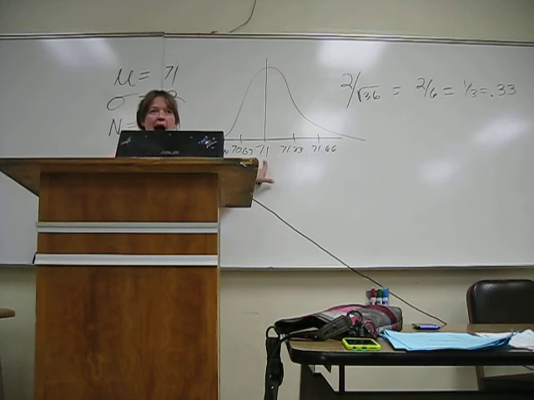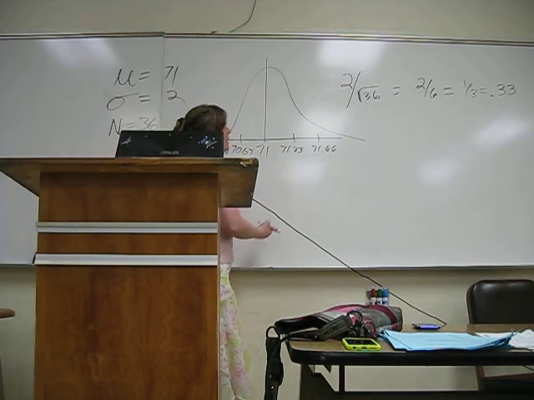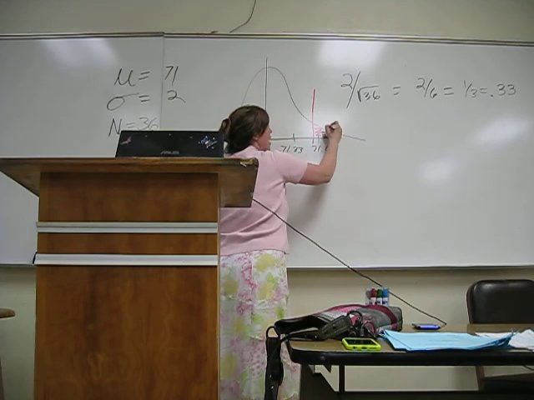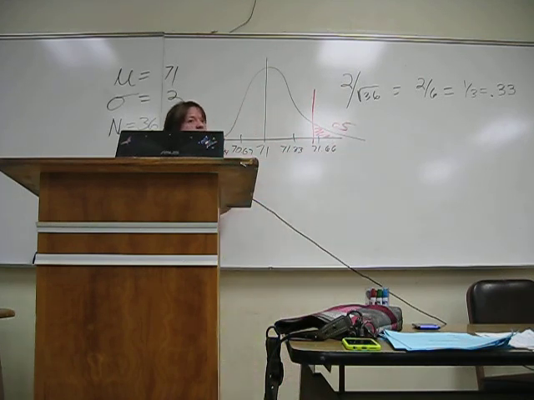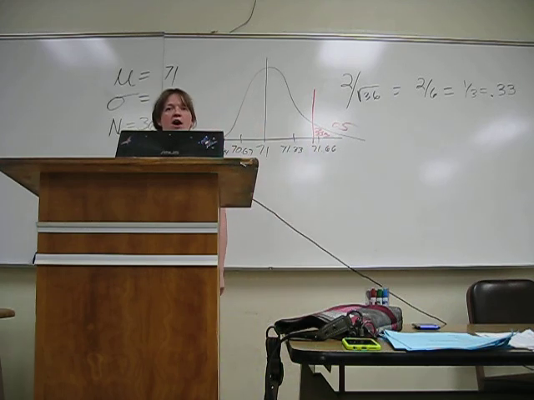I have to decide ahead of time, right? So what's the cutoff? The general cutoff is 0.05, but what does that mean? I need to figure out where about 5% is, and anything in here, I'm going to reject the null hypothesis.